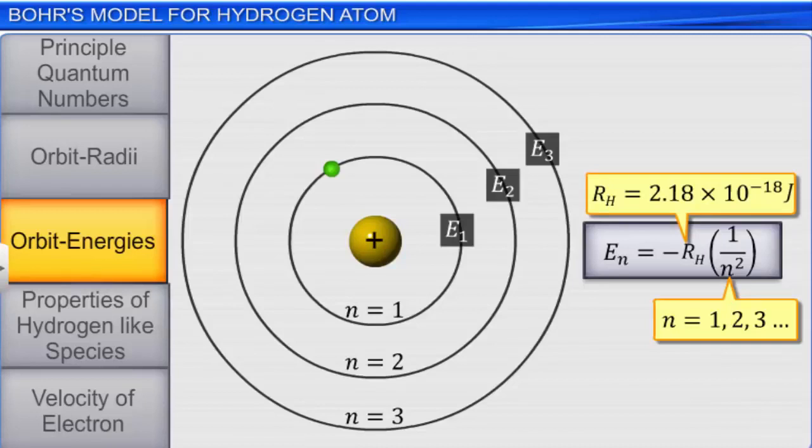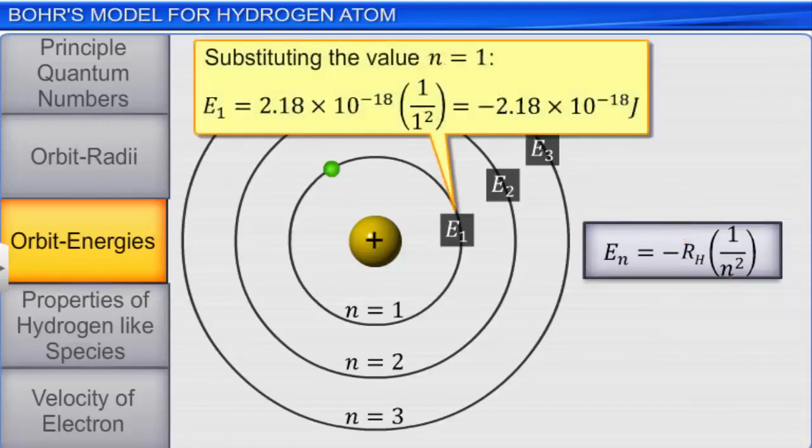Energy of the nth orbit of a hydrogen atom in electron volts is equal to minus 13.6 divided by n square. Thus, the energy of the ground state, n is equal to 1, for the hydrogen atom is equal to minus 2.18 multiplied by 10 raised to the power minus 18 joules.